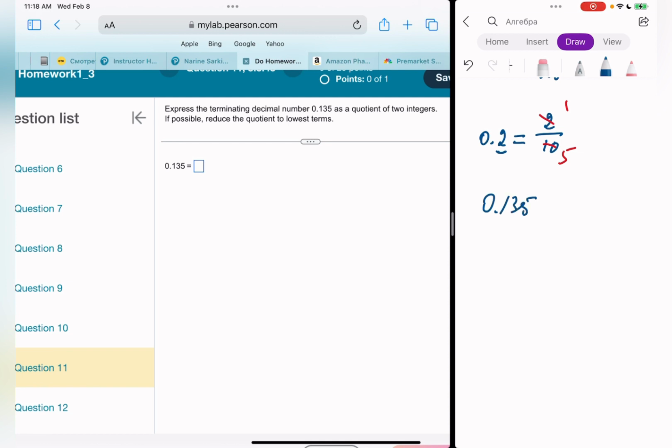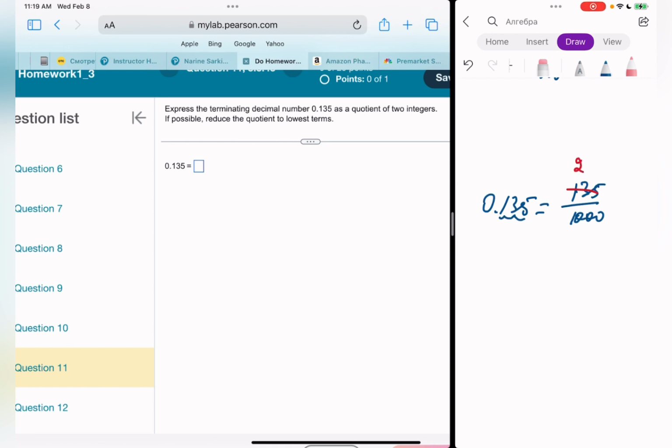We need to introduce it in the form of a fraction. So how many decimals do we have? 1, 2, 3. That means we are representing here 3 zeros, 1,000. And on the top, 135. We know the numbers that end with 5 or 0 can be divisible by 5. Let's divide.